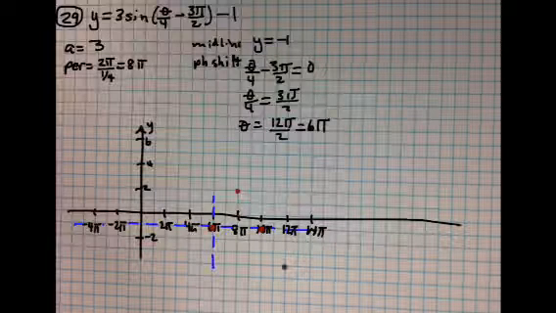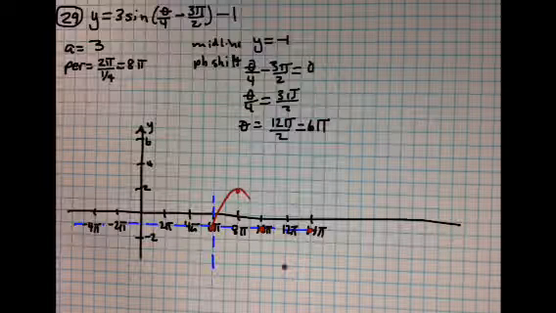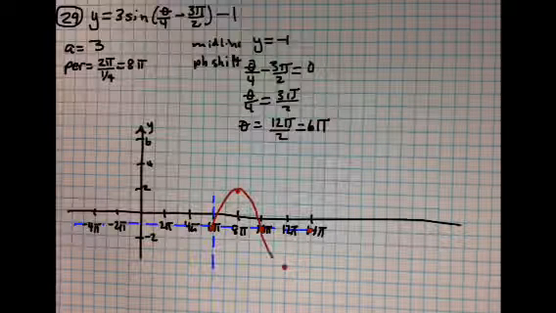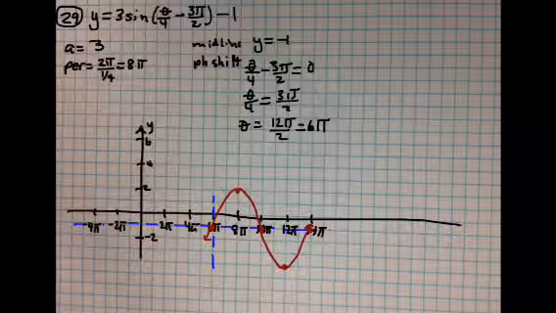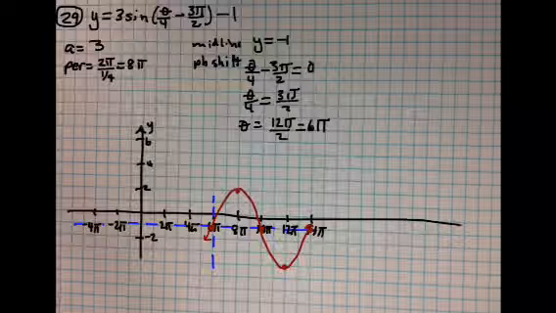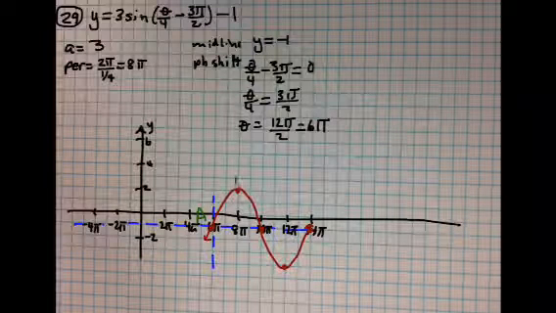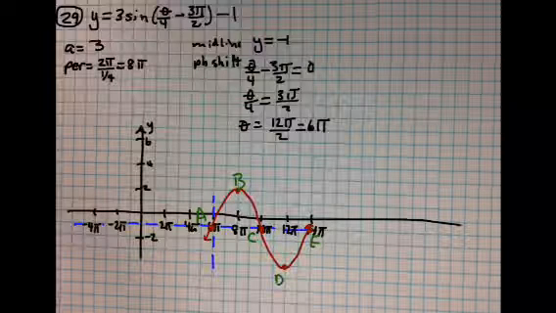And then one other tick mark over, and it's over here. Okay. Now you could extend it over to the left if you'd like, but we're just going to label these points right here as A, B, C, D, and E.